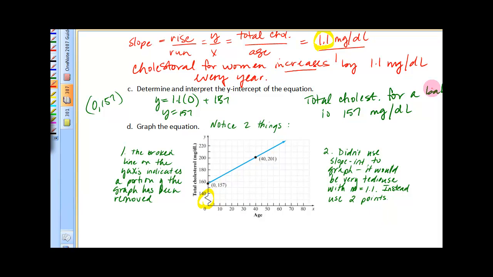So this is a really good example of, although I didn't use the slope and the intercept to graph my line, I did need to be able to interpret my slope. I wanted to be able to tell you what happened on a yearly basis, if you're a woman and you wanted to know your cholesterol.